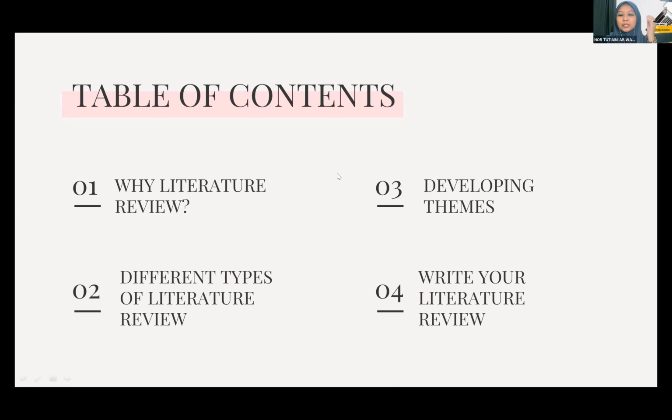Okay, and then move to the third section. I want to share how we want to develop the themes in our writing. When I say themes, it means you need to have a specific topic for each paragraph that you want to write, so that your writing does not go awry.